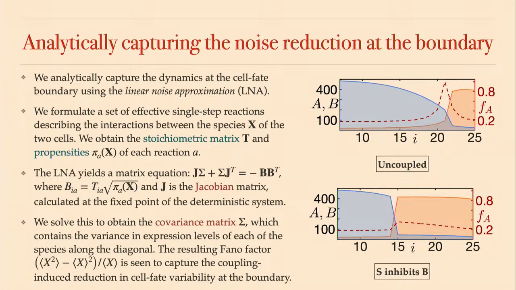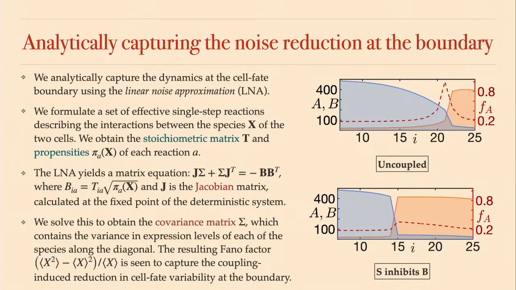This itself might take a long time, so I won't explain it, but one can also do an analytical investigation into the change in the noise levels. By following what's called the linear noise approximation approach, one can analytically find the covariance matrix, and from the covariance matrix you can look at the variance in the quantities A, B, etc. over space.